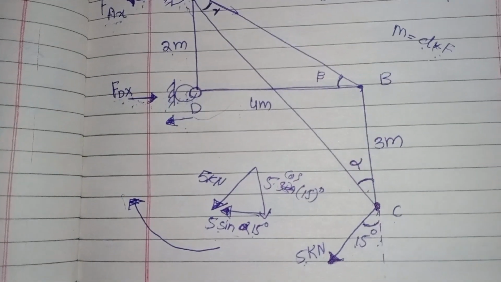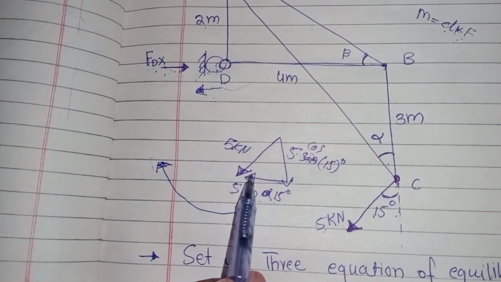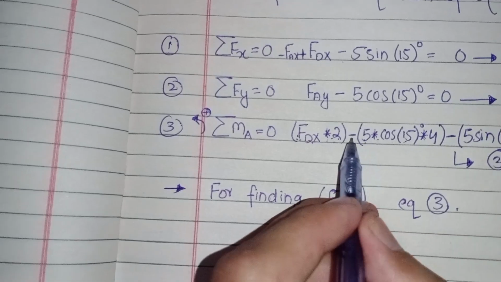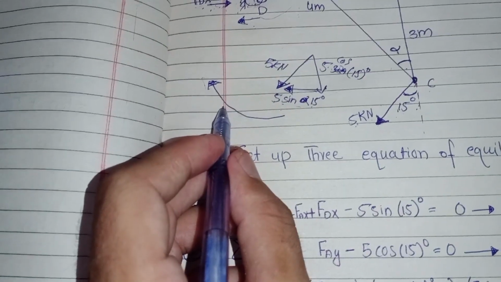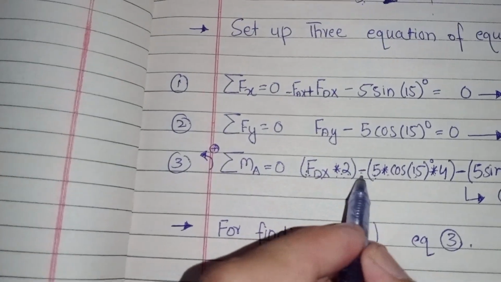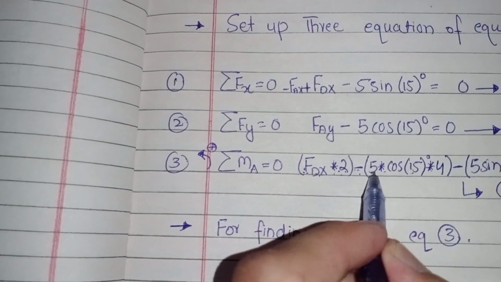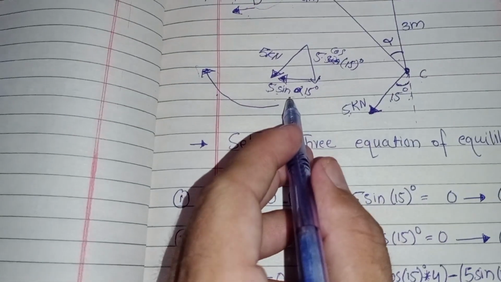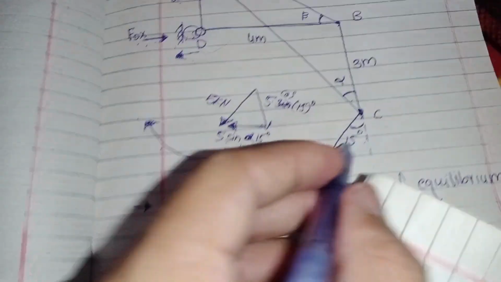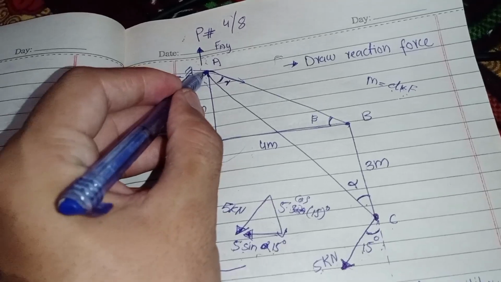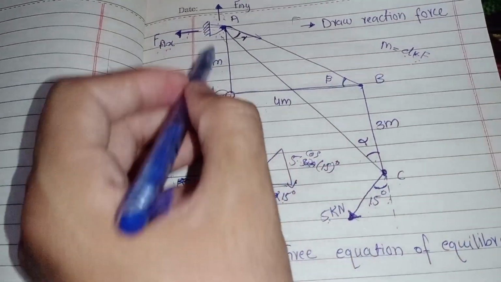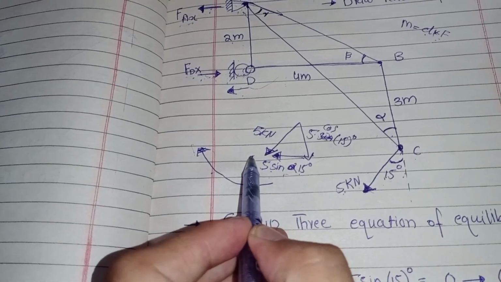Okay, so this is the force which I write 5. Negative is because it turns the truss clockwise, that's why I write a negative, and 5 into cos 15, this component of this force, into the distance from here to here.